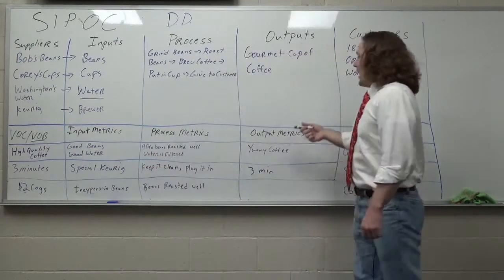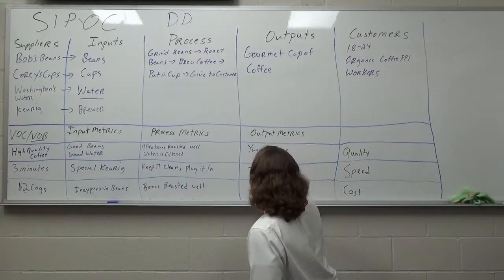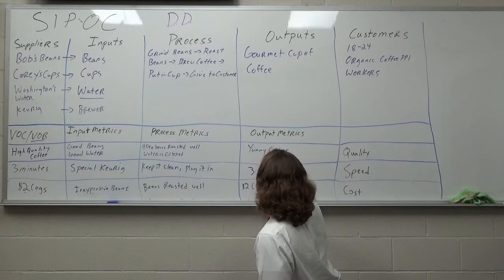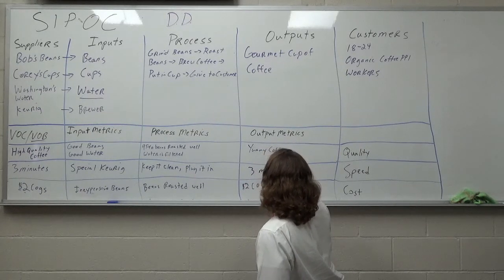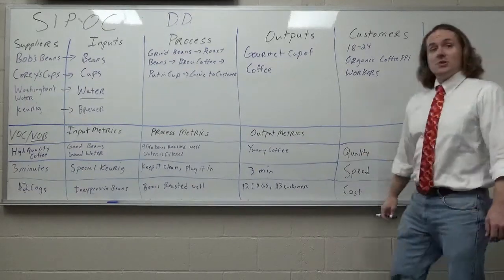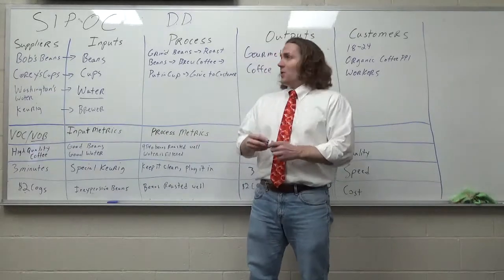Okay. Output metric. Okay, you're going to have a coffee that is $2 to make, cost of goods sold, and maybe $3 for the customer. And that goes to cost. So this is the first of 2 examples we're looking at.